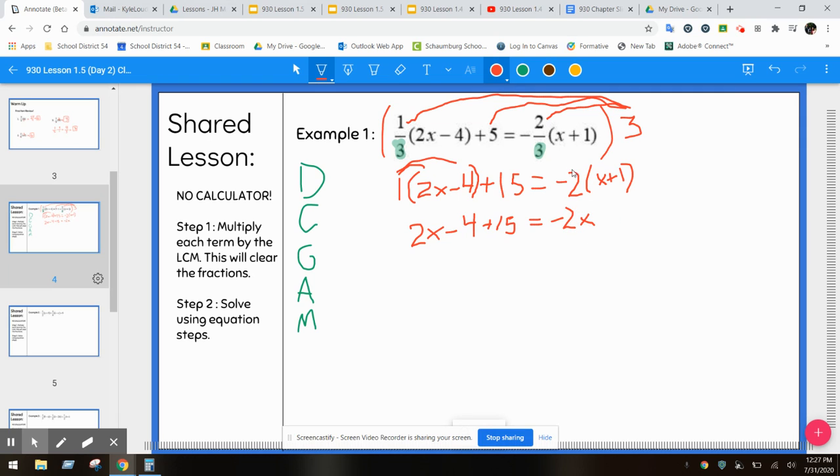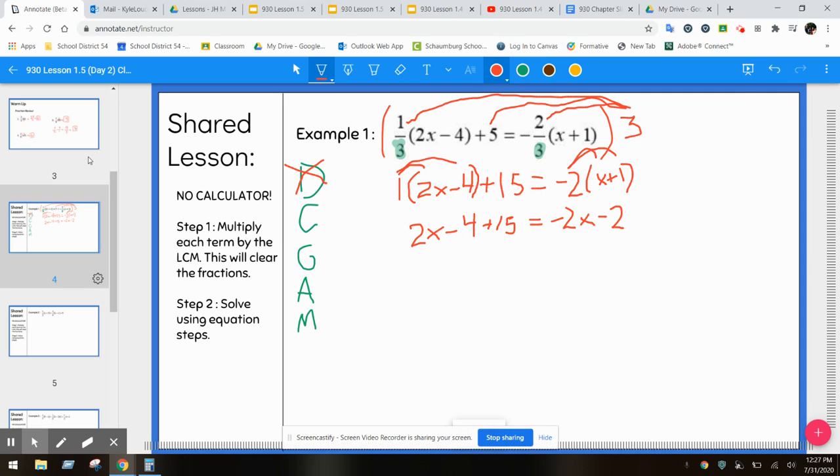Again, because I'm distributing the negative 2: negative 2 times x, negative 2 times 1, minus 2. Now I can finally cross off the letter D because I've done all of the distribution that was necessary in this problem. Notice there were 2 steps that involved distribution, so I did not cross it off right away. I crossed it off when I was done.